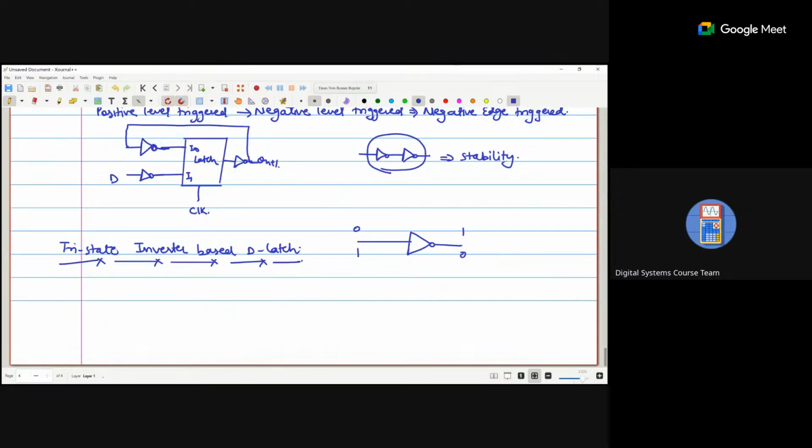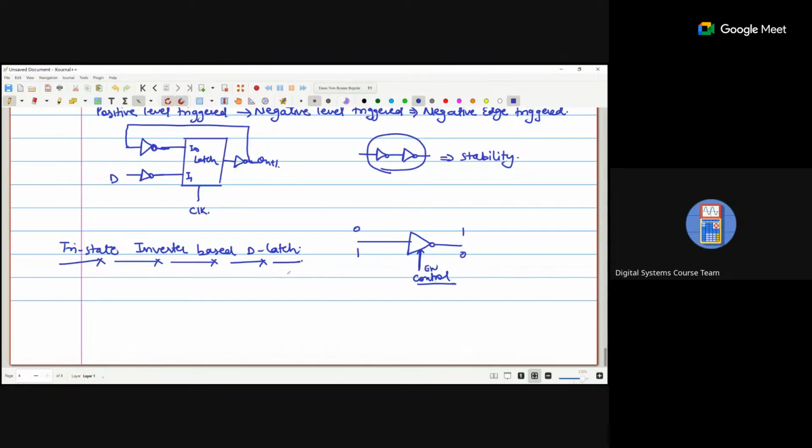We introduce one more state, and for that we introduce one more terminal, that is the control, or sometimes it is called enable also.